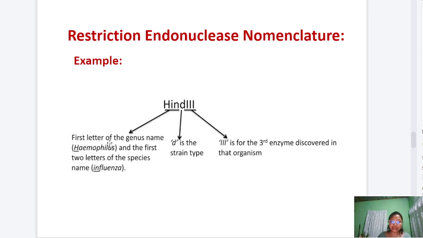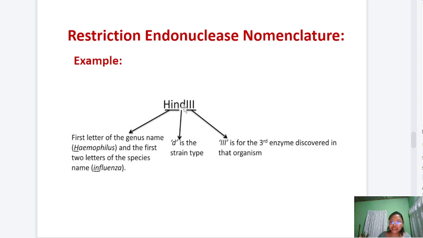The first letter of the genus name, H, stands for Haemophilus, and the first two letters of the species name, influenzae. So the capital H stands for the genus, the small 'in' stands for the species.